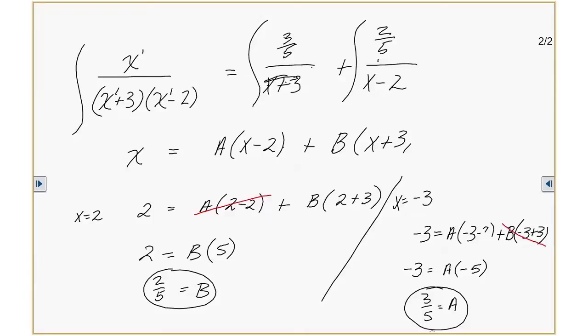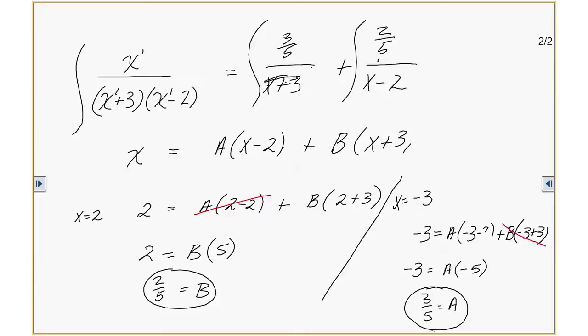We're just doing algebra right now. But what's u? X minus 2. What is du? Dx. So you have dx over x, which is the natural log of x, or u, which would be 2/5 natural log of x minus 2, 3/5 natural log of x plus 3.